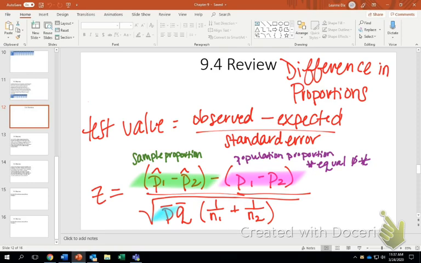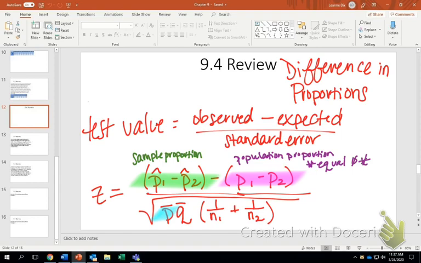In the previous formulas, it would be just focusing on p sub 1, or the first proportion, or it might just be focusing on the second proportion. But if you're just focusing on one thing and not both, you don't have the whole picture of your data.